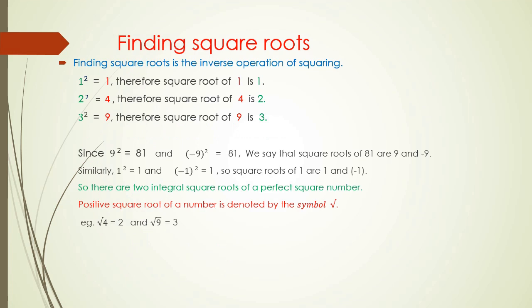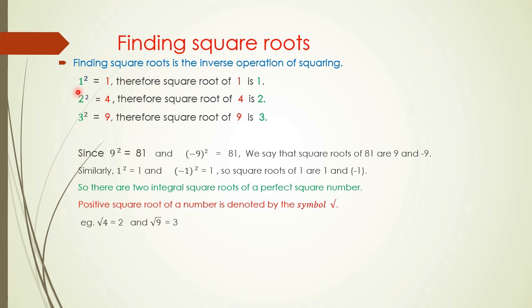Now children, let us study finding square roots. Finding square roots is the inverse operation of squaring. You know how to find the square, and finding the square root is the opposite, or inverse, operation of squaring. Let us see this with these examples.